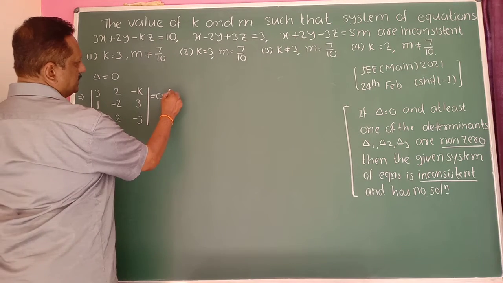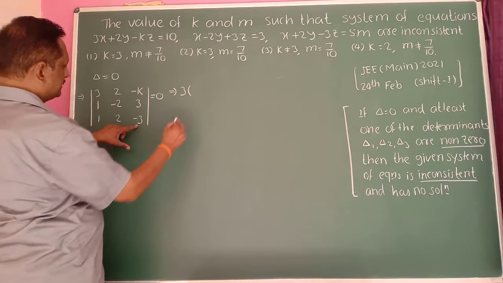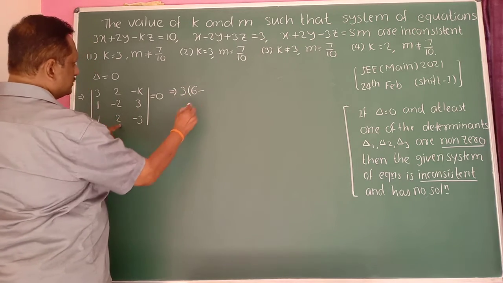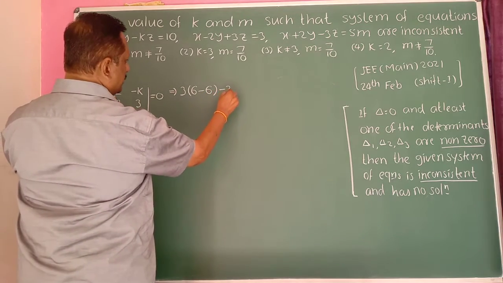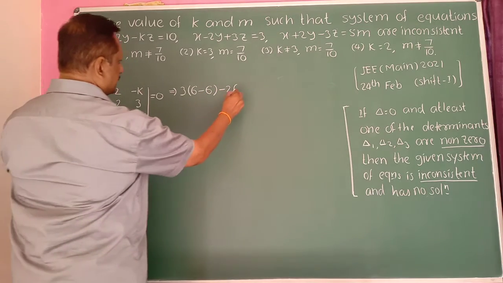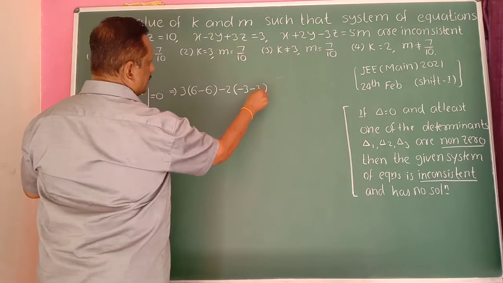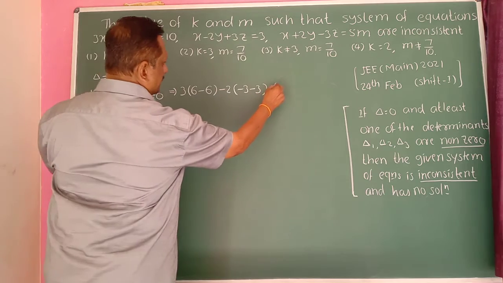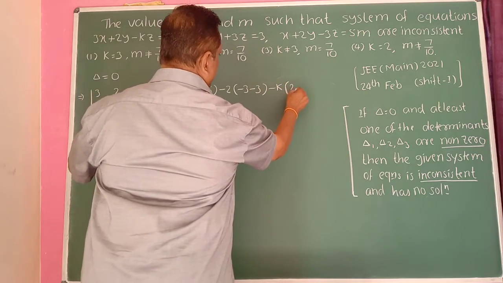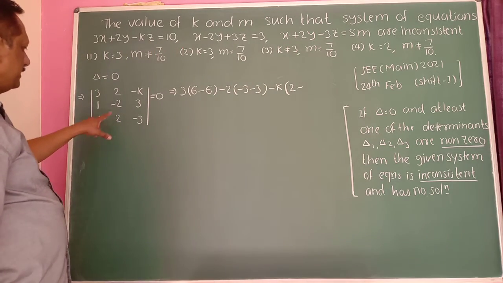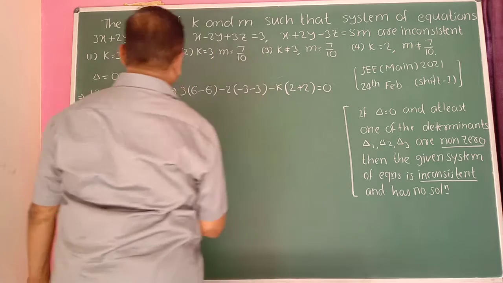So 3 into (2 threes are 6 and 3 twos are 6), then minus 2 into (1 three is 3, minus 3, minus 3 ones are 3), then minus k into (1 two is 2, minus of minus 2 into 1 is minus 2, minus minus becomes plus 2), that is equal to 0.